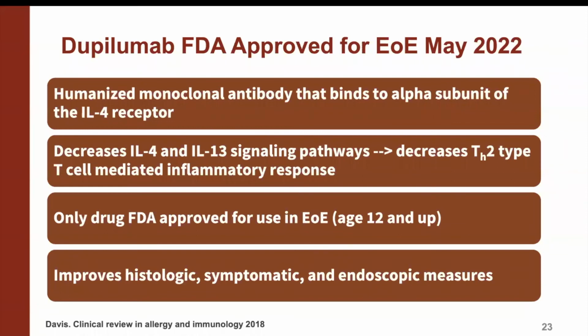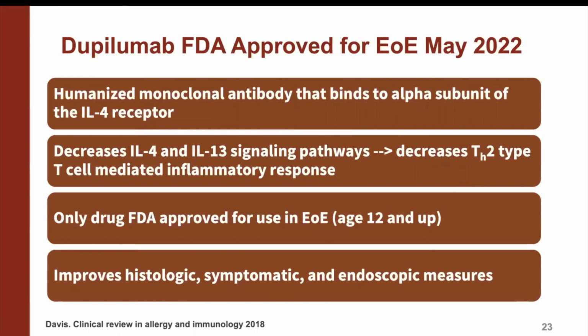And these are two things that can really increase the allergic inflammatory response. They're called cytokines. So these substances help to increase inflammation. And when we block them and block their signaling pathways, then it helps to really reduce that T cell, type 2 T cell driven inflammatory response that we see in EOE.